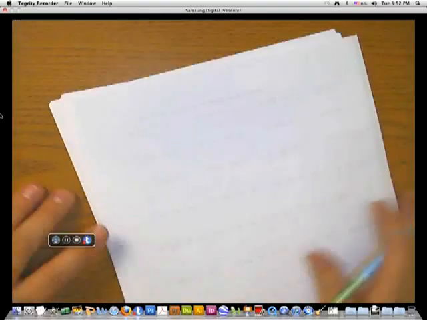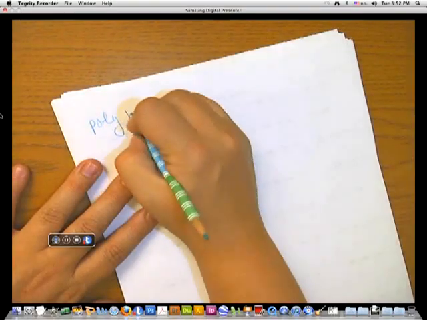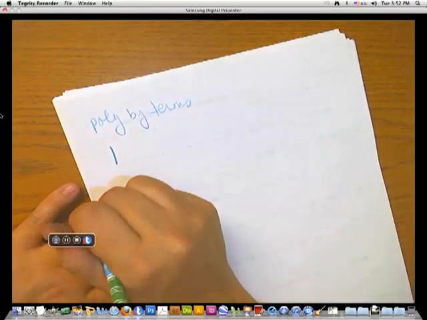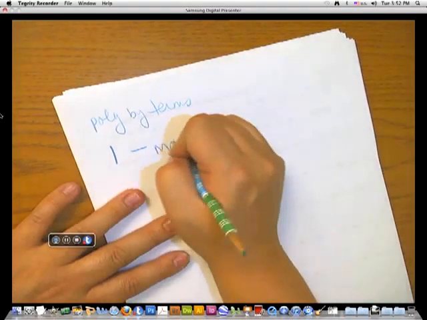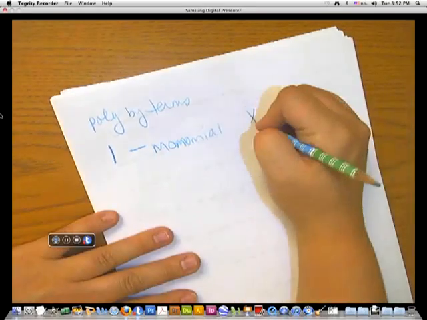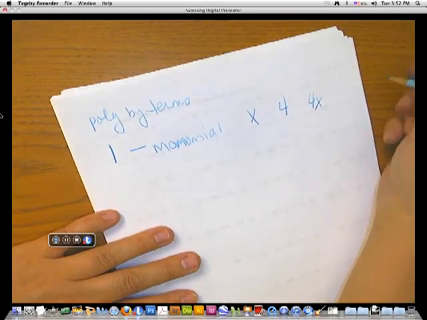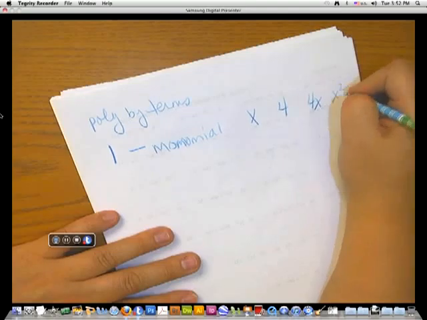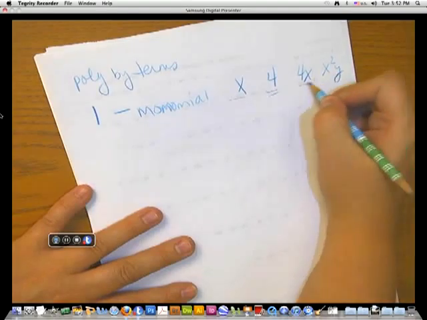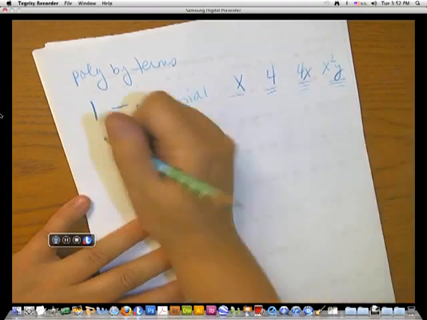All right, we have specific polynomials. If the polynomial has one term, we call it a monomial. A monomial can be a letter, it could be a number, it could be a multiplication of a number and a letter, it could be different letters with exponents, but it's all just one multiplication, one combination.